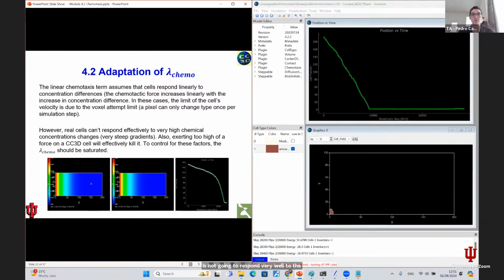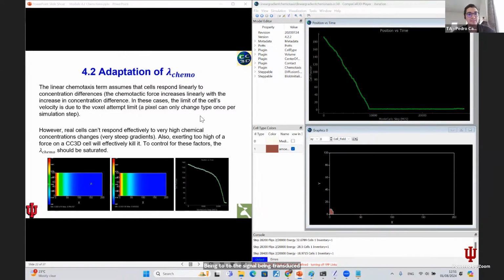In the lower part of the exponential field, it's going to chemotax very slowly. And in the very steep gradient of the exponential field, it can even destroy the cell because it's too steep. This is also biologically realistic because cells might have amplification and saturation mechanisms to the signal being transduced.